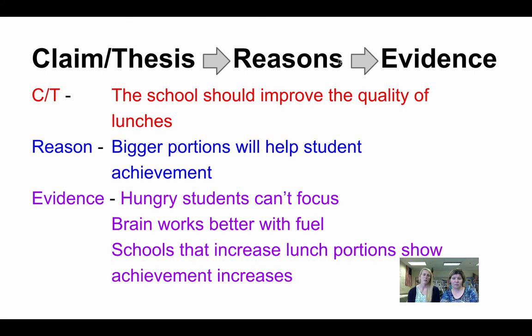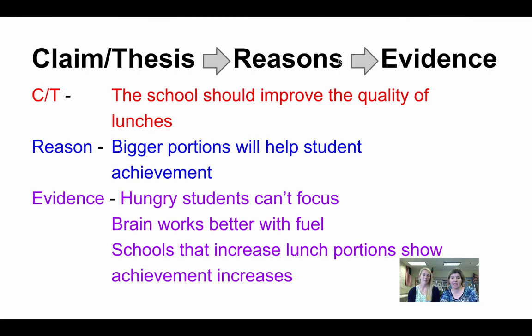In this process, sometimes it's good to start with your research, look at all the things that you found, then come up with a reason, and then create a claim or a thesis that really covers all of the research and evidence that you've found. Here you can see that the reason bigger portions will help students' achievement would just be one paragraph. Within that paragraph, you would cover all the evidence in purple.